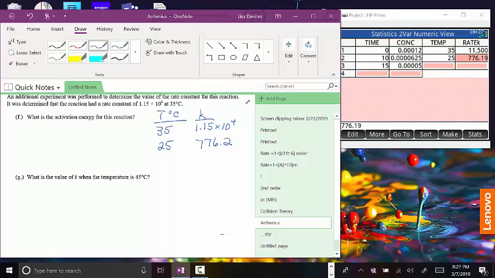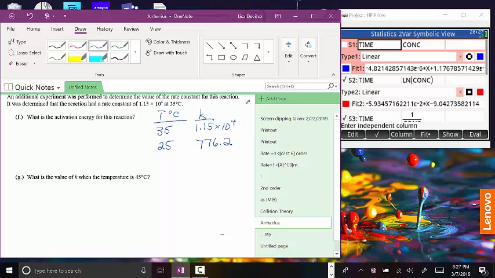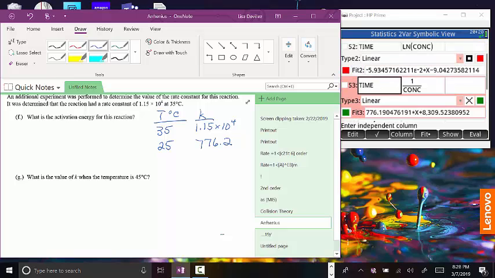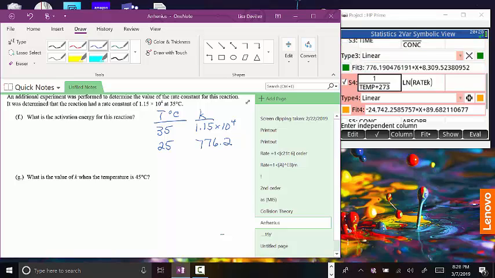My symbolic, I'm going to pick first and second order graphs. Arrhenius. Now, my temps are in Celsius, and my X is already set up to do Celsius, so I'm okay there. I'm going to do the plot.